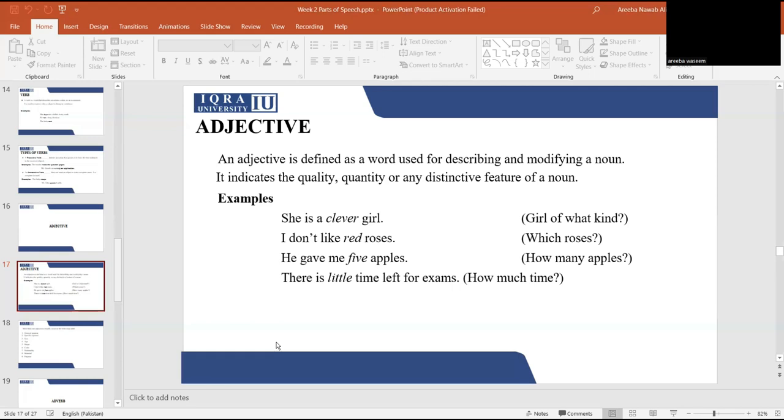He gave me 5 apples. Here the adjective describes how many apples there were. It describes the count of the apples, but it still describes a noun, so it is an adjective. There is little time left for the exam.